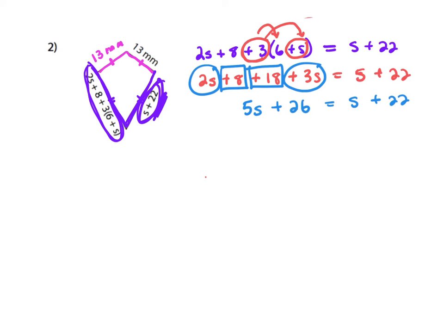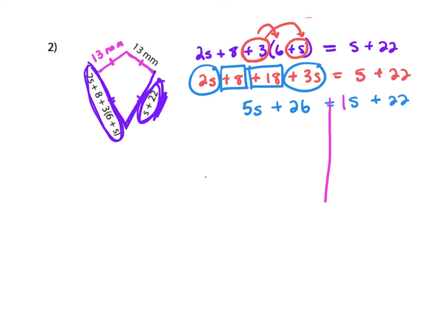And now I'm ready to do the solving step. So we're going to drop our wall. And when we have variables on both sides, we're going to eliminate one of them. Well, if I eliminated 5s, I'd have to take 5s away from 1s, and I'm going to get a negative 4.